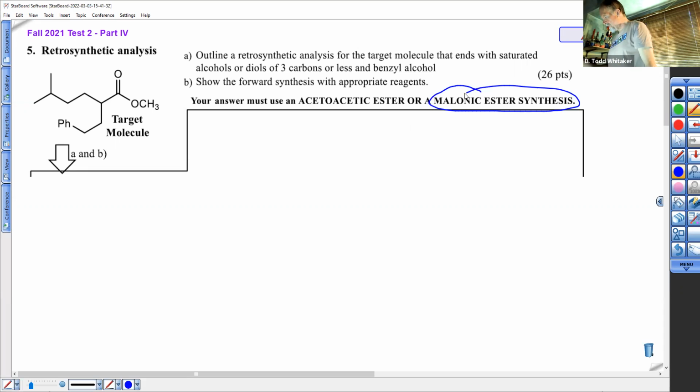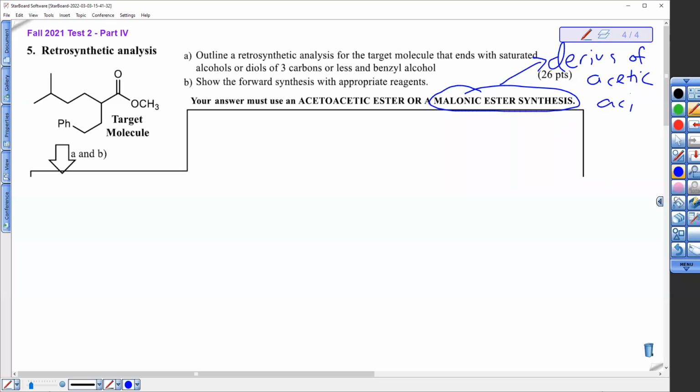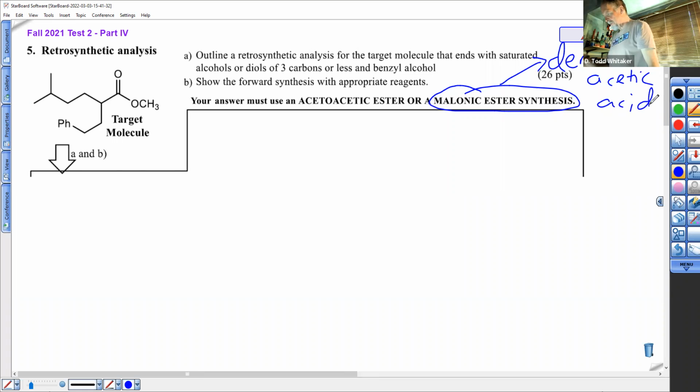Malonic ester synthesis generates derivatives of acetic acid. And acetoacetic ester synthesis generates derivatives of acetone.